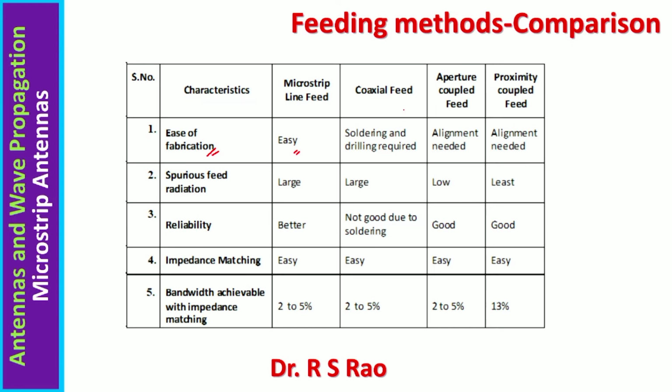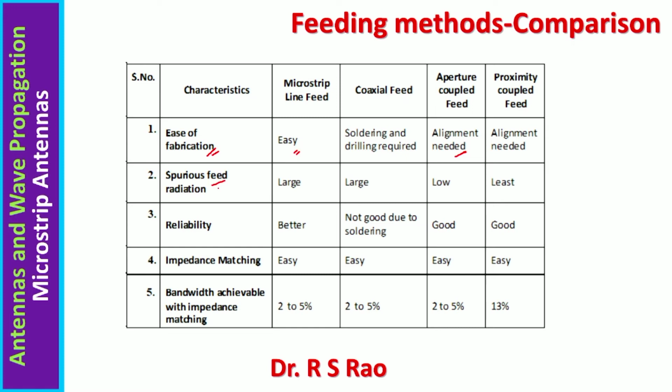In coaxial feed, soldering and drilling is required. In case of aperture coupled feed, alignment is needed. Proximity coupled feed also requires alignment. So microstrip line feed tops the other methods when it comes to ease of fabrication.